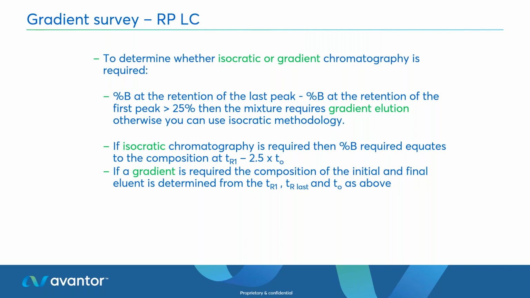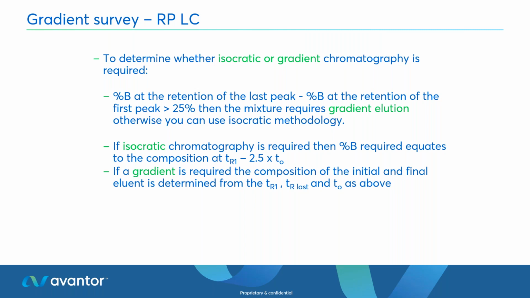If you've got a mixture of analytes and you don't know what the best method is going to be, run a nice wide, broad scouting gradient to start with, and look at where the peaks elute within that gradient. If there is more than a 25% change in percentage B required for all of the peaks to elute, then a gradient method is better than an isocratic method.